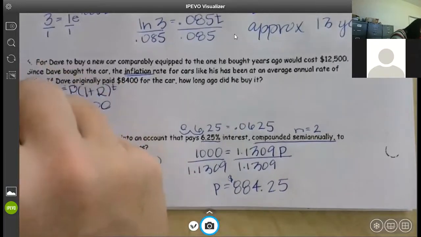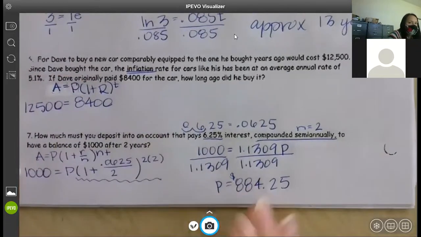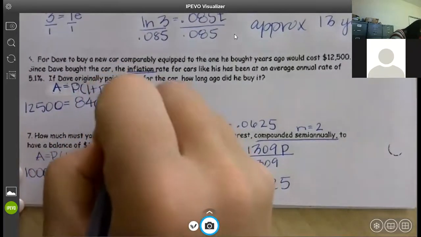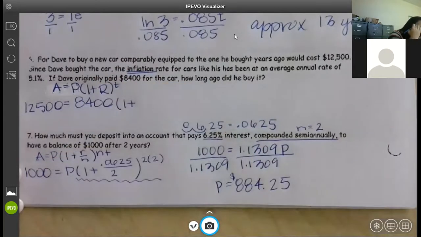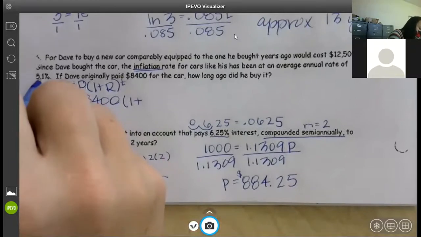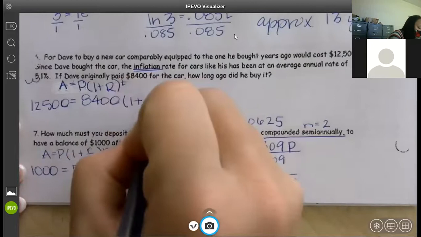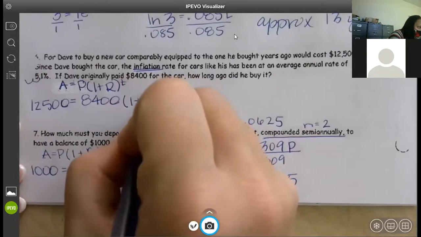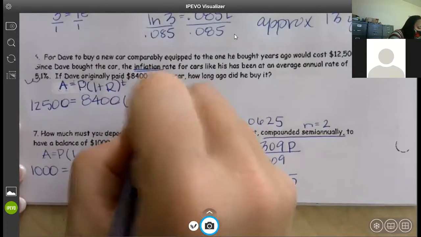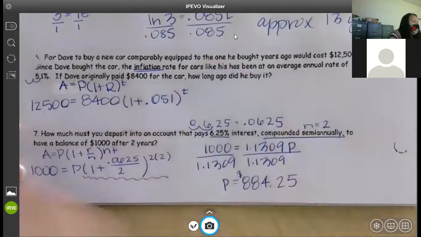So presently, or A, would be 12,500. 1 plus, what's the rate? Take that percentage, move it over. So what's our rate? 0.051. And then we're looking for the time.